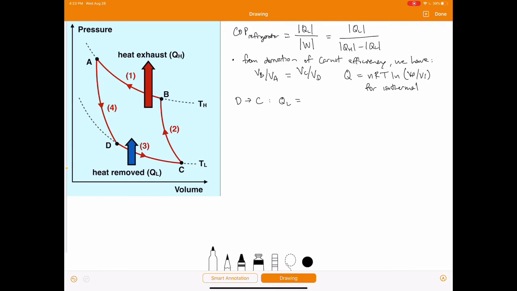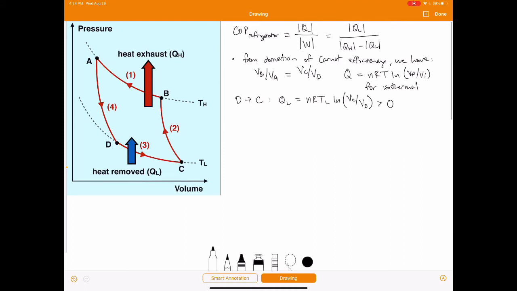And so QL is equal to nRTL, specifically that's the temperature, and then we have the natural log of the final volume, which is VC, over the initial volume, which is VD. And by the way, this is going to be positive because heat is flowing into the gas. So that's also the absolute value of QL.